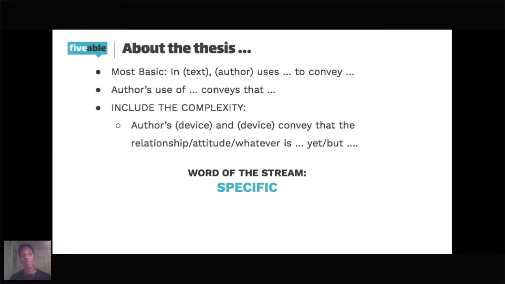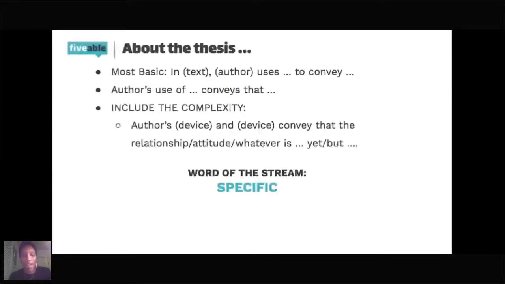The reason why we sometimes want to establish that as the most basic is because with an AP prompt, you tend to just repeat the prompt. I say parrot the prompt, and I have a little parrot that I put on my shoulder and walk around and make parrot noises to my students when they've restated the prompt.